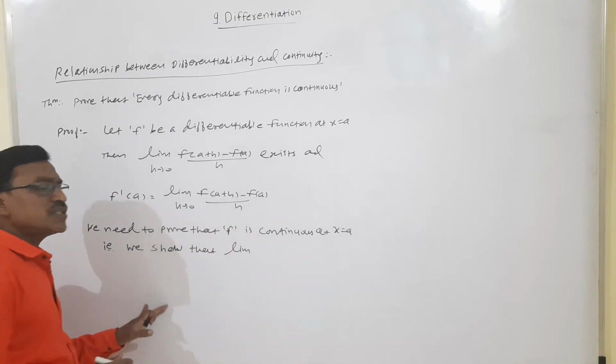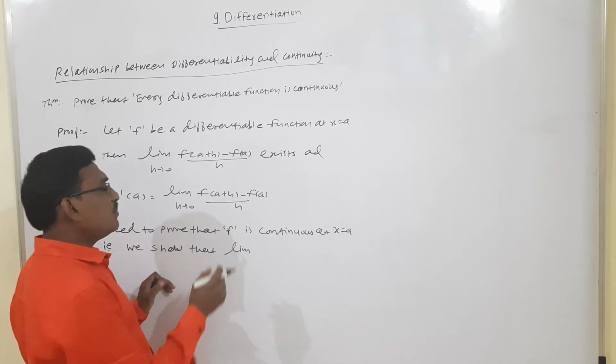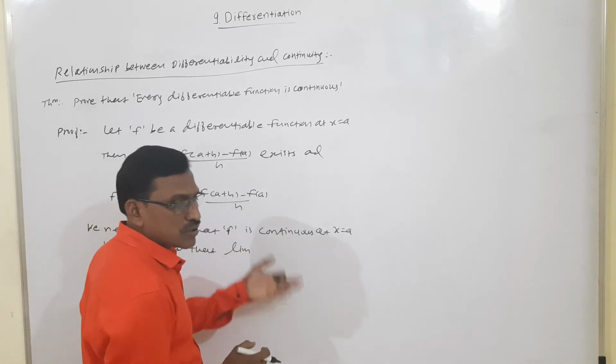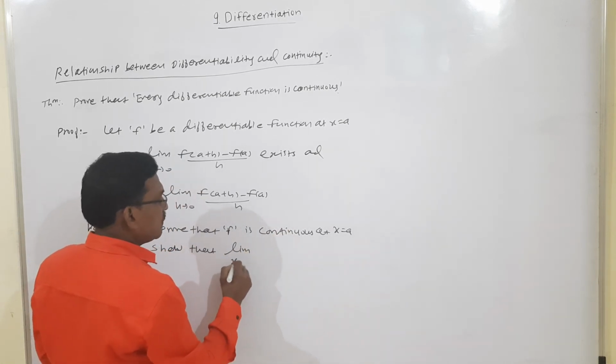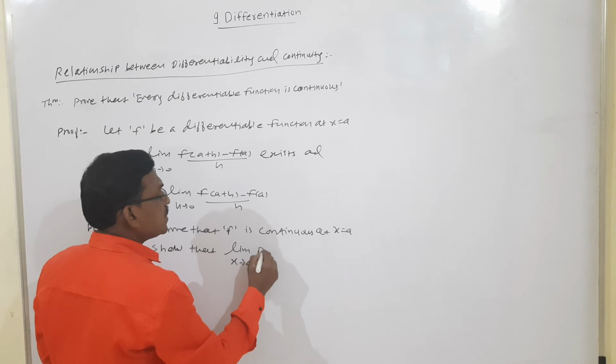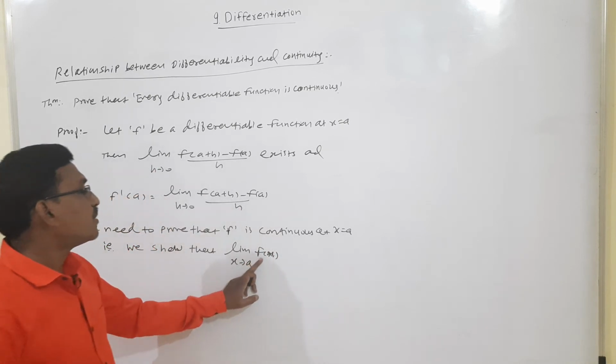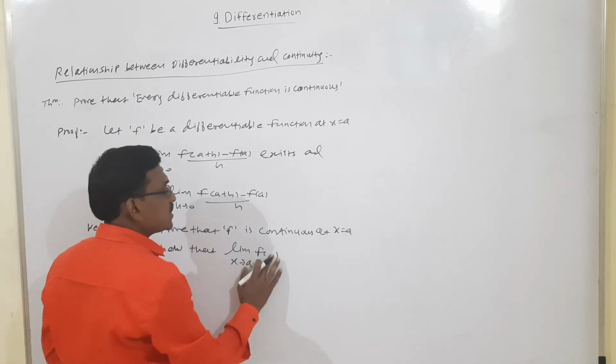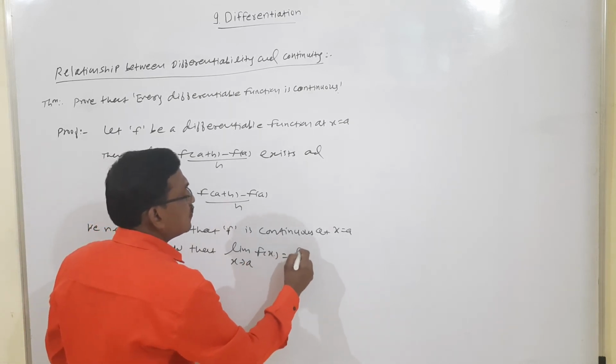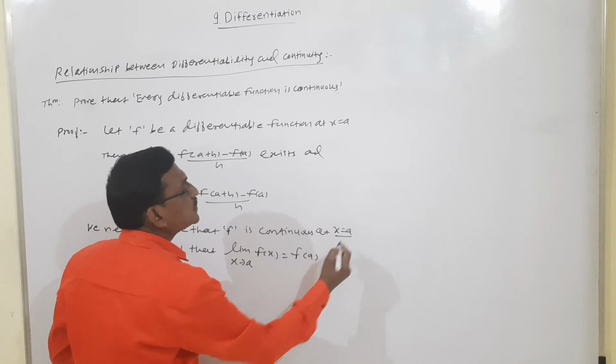When we say that a function is continuous at x equal to a, the limit of that function should equal the function value at that point: the limit as x tends to a of f of x is equal to f of a. The point is x equal to a.